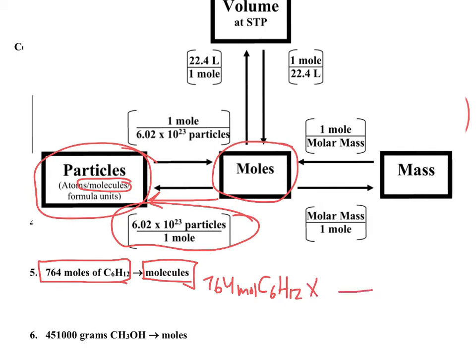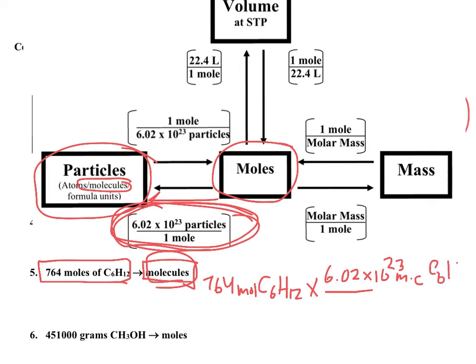As always, draw the line with the multiplication problem. Now we're going to use our conversion factor to figure it out. The top number is told to us: it's 6.02 times 10 to the 23rd. Remember, it's particles. Since we're looking for molecules, that's what we want to solve for, MC, molecules of C6H12.